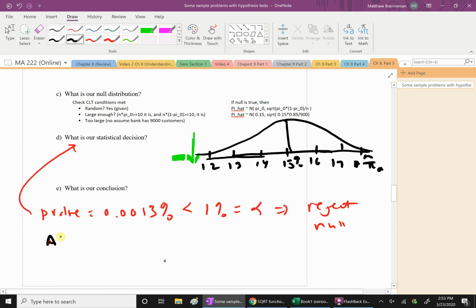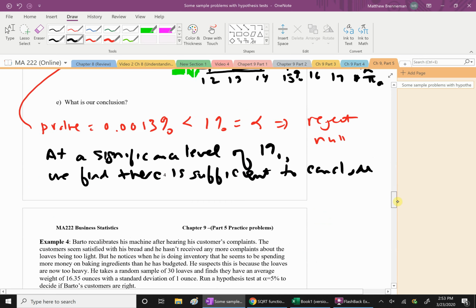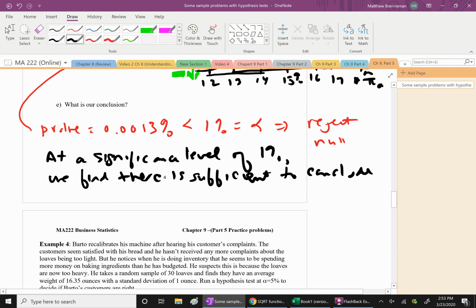So we would say, at a significance level of 1%, we find there is sufficient evidence to conclude the alternative, and the alternative in everyday language is that the percentage of bank customers with loans is less than 15%.